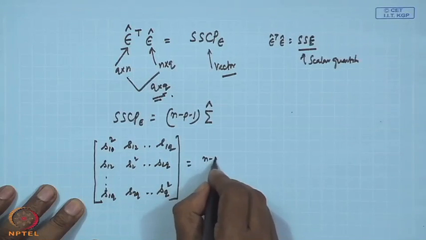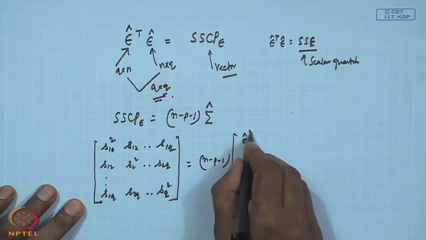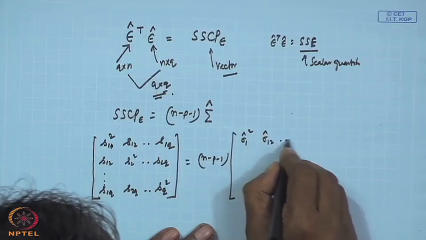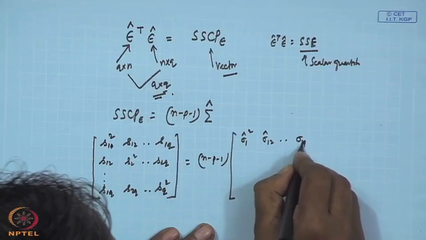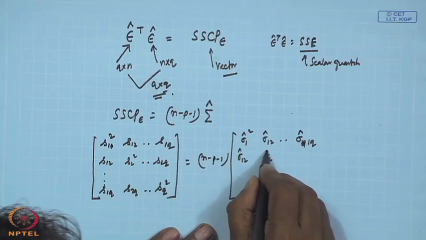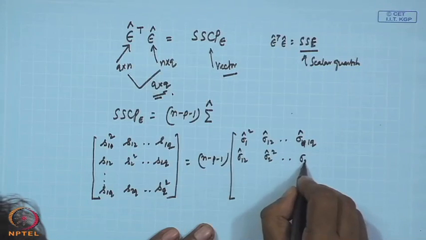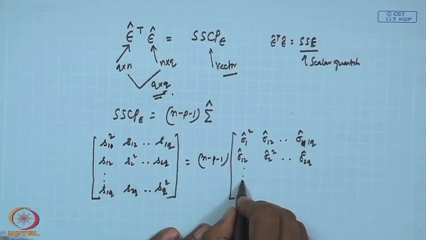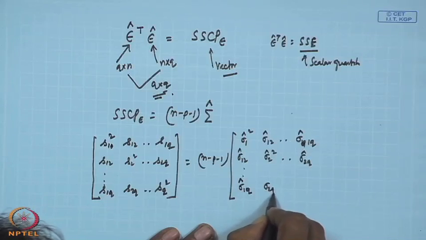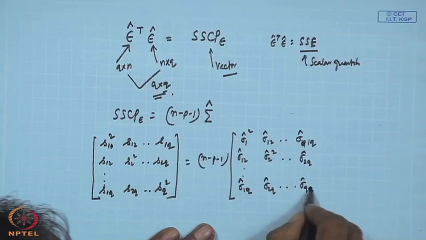So, this is n minus p minus 1 into sigma 1 square cap, then sigma 12 cap, like this sigma 1q cap, sigma 12 cap, sigma 2 square cap, sigma 2q cap, and like this sigma 1q cap, sigma 2q cap, sigma qq cap, which means sigma q square cap.